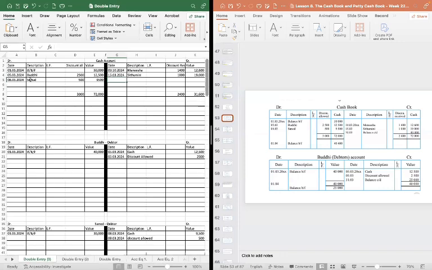So what we do is, on the credit side, we record the difference. This is at the end of the month, 31st March 2024.